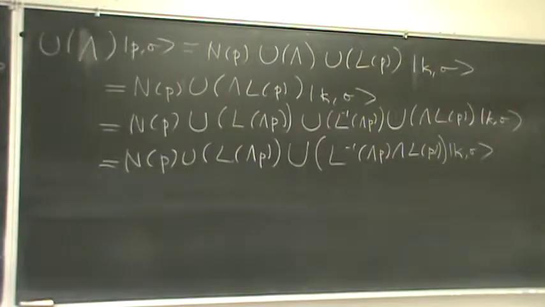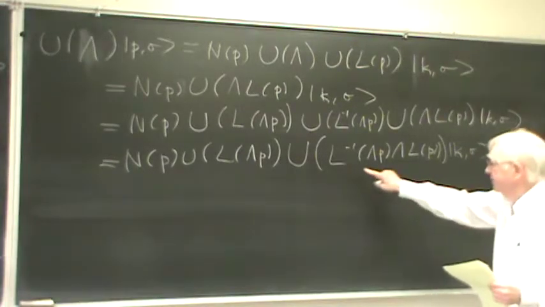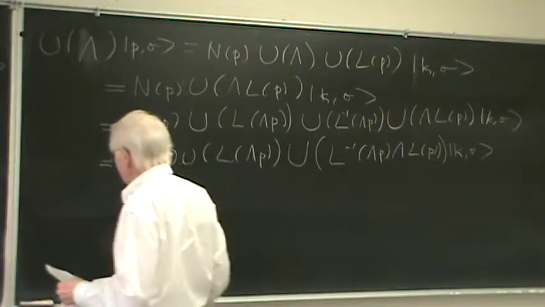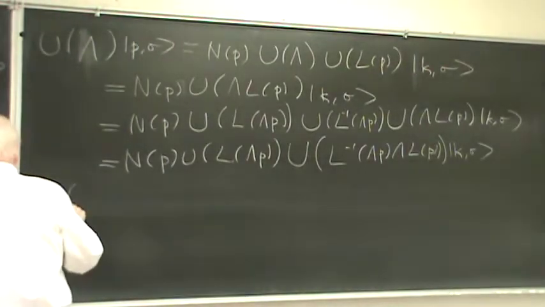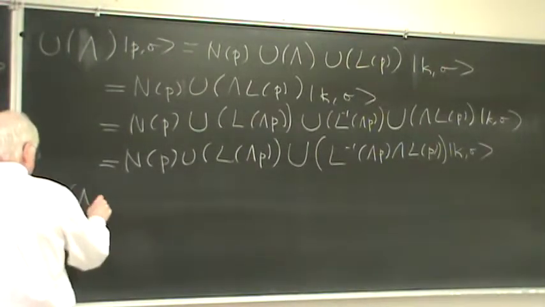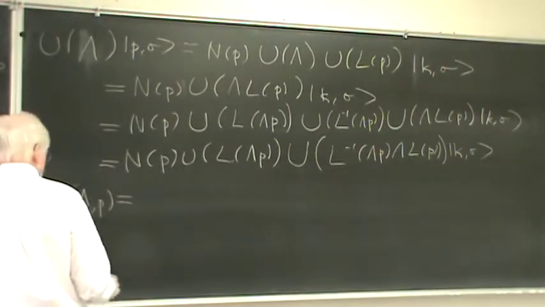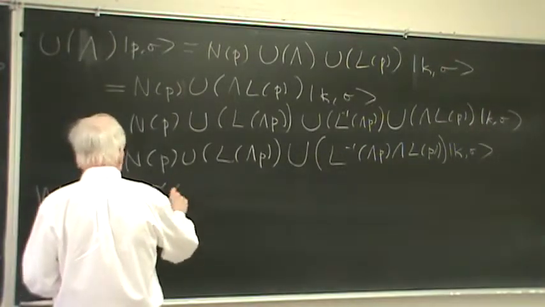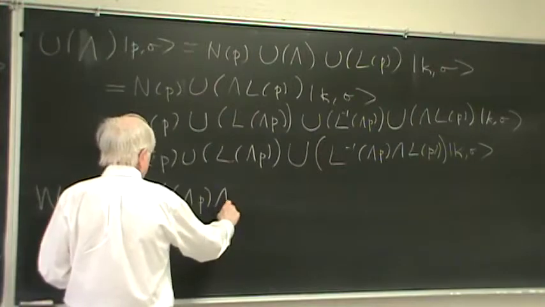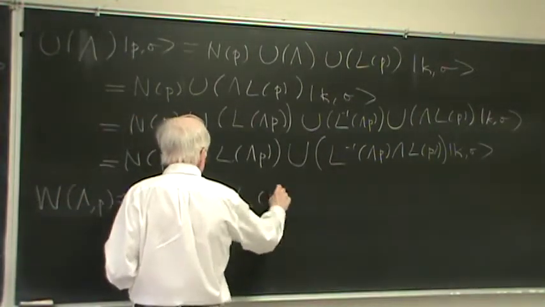Okay. Now, there's something interesting about this particular combination. It's named after Wigner. If we write it out, it's L inverse of lambda P, lambda L of P.